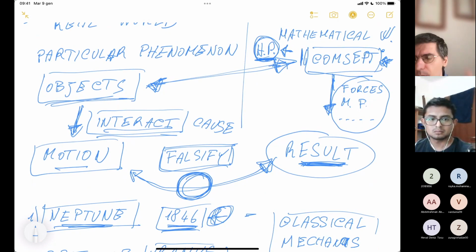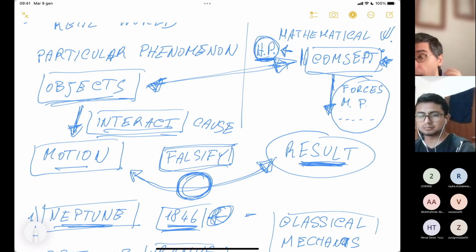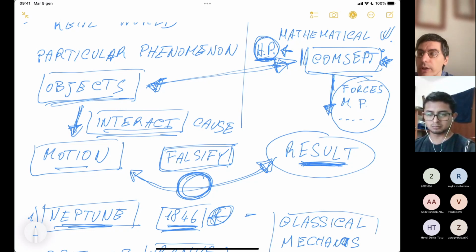The fact that a model can be falsified is very important, because always a model is defined by its range of applicability. I mean, when you use a model, you must be aware that this model is not able to describe everything. It can be used only in particular cases, the cases for which your hypotheses are satisfied.